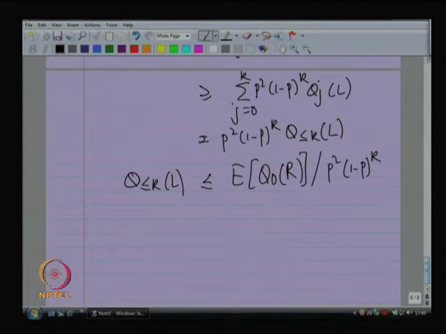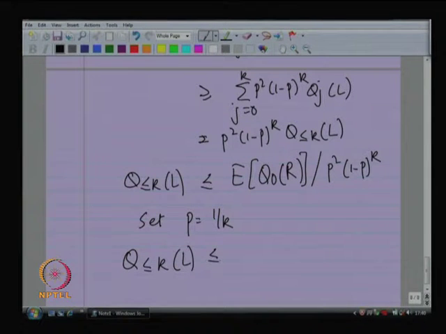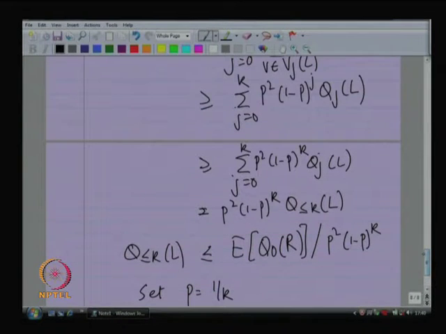Now, what we do is we set p to be 1 over k. Okay. Then p squared becomes 1 over k squared, so you get k squared. Now, what is the expected value of the lower envelope?